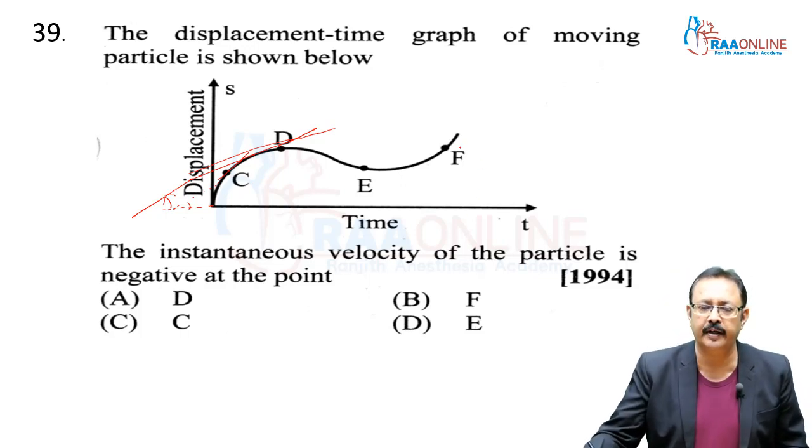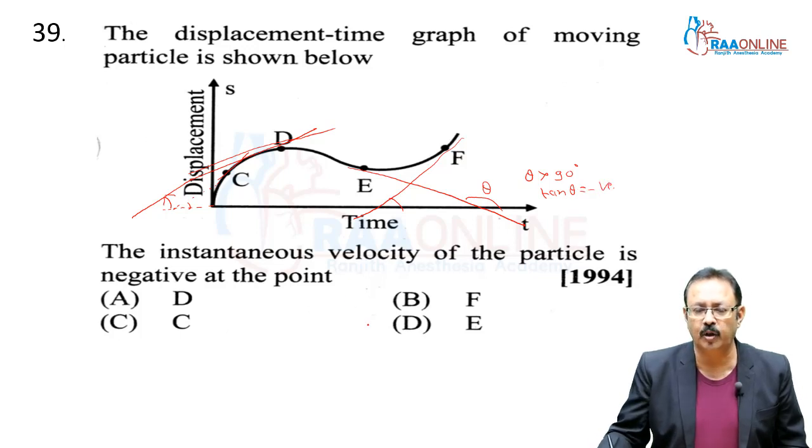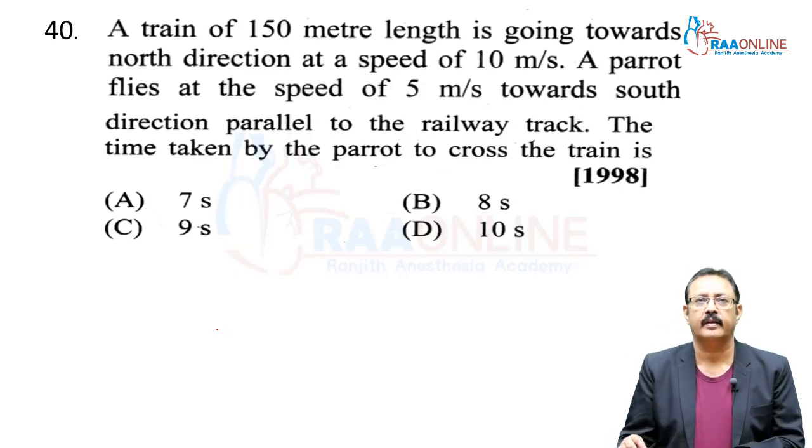If you are drawing a tangent at F, again it will make an acute angle, but only at E it will make an obtuse angle. So only its tangent is negative. So we are going with option D. Next.